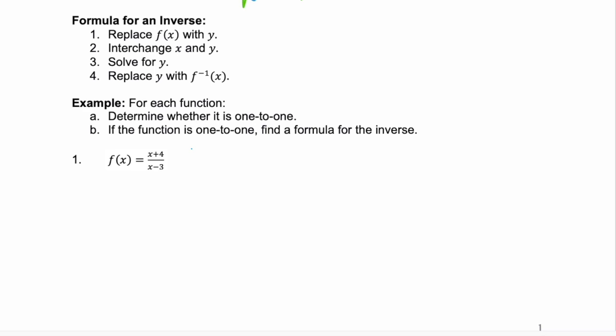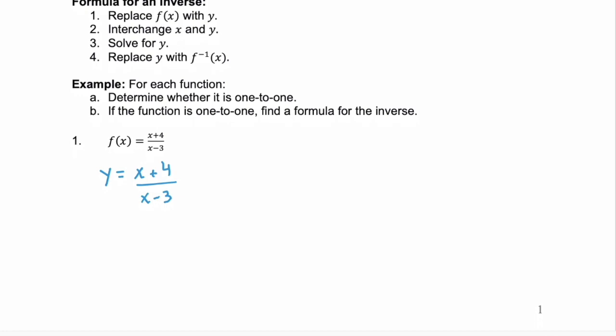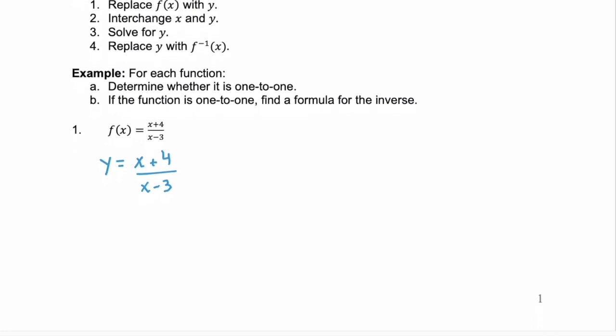So we would use the process from above, and I'm going to tell you that yes, this is one-to-one, just because I want to concentrate on creating that formula for the inverse. Now notice that this function is the same as y equals x plus 4 over x minus 3. And our first step is to exchange that f of x with y.